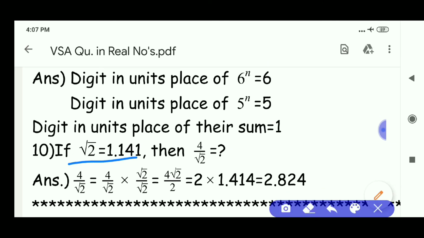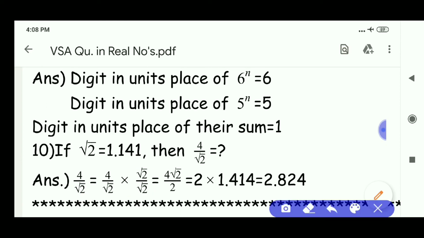If root 2 is equal to 1.414, then what is 4 by root 2? The denominator is root 2. Rationalize the denominator. We have to multiply the numerator and denominator with root 2.